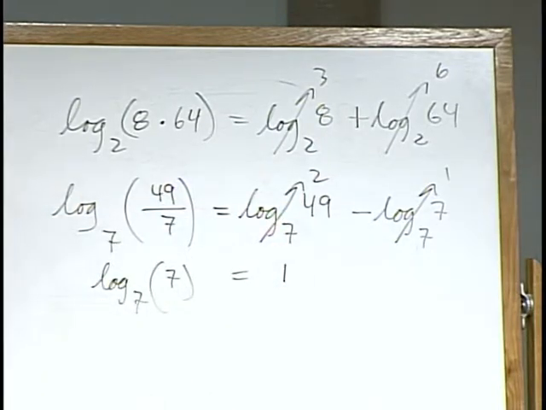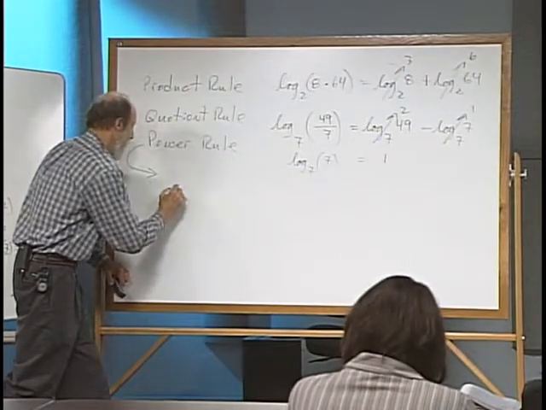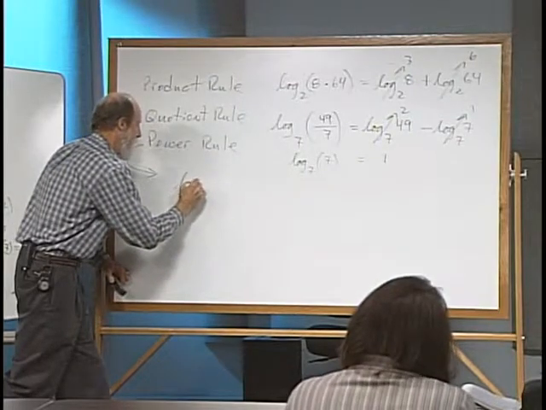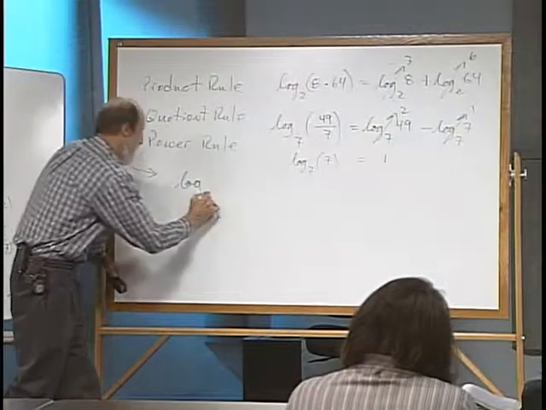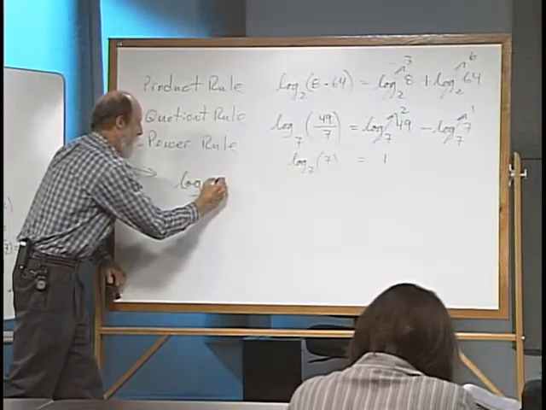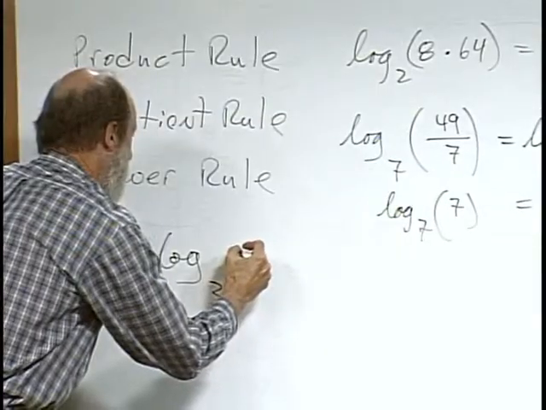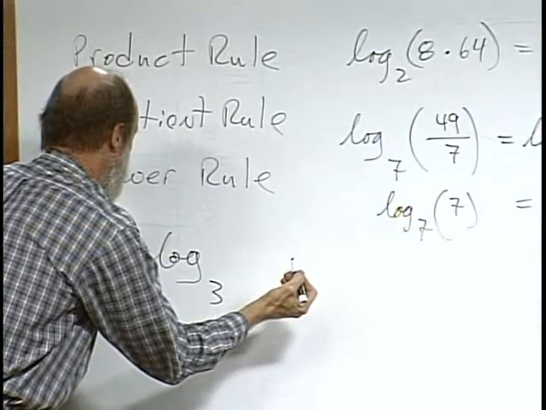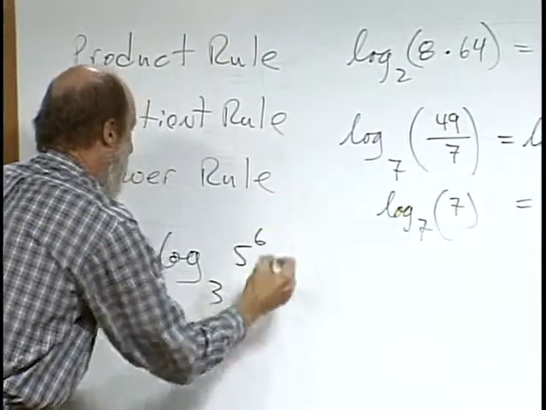The power rule. This is probably the most important rule. If we're taking a logarithm of something to a power, let me have another base besides 7 or 2. 3. Let's use 5 to the 6th power.